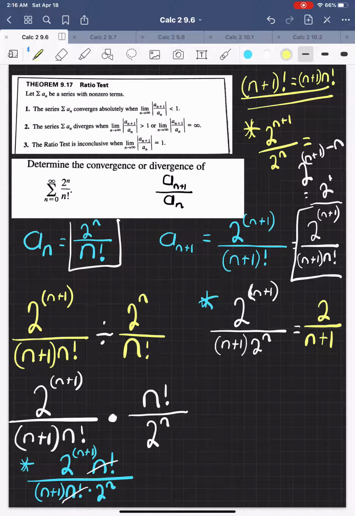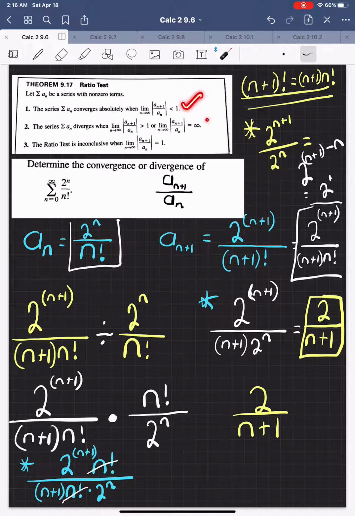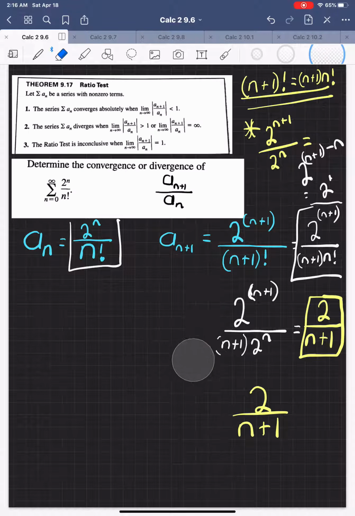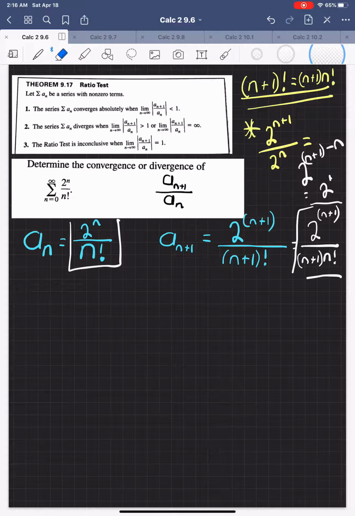Now, so all of that work, let me go ahead and write this. Everything comes down to what the limit of this does. For every one of these tests, you're taking the limit as n goes to infinity. So let's do that right now, and then once we know the limit, we'll come back and figure out which one of those applies.